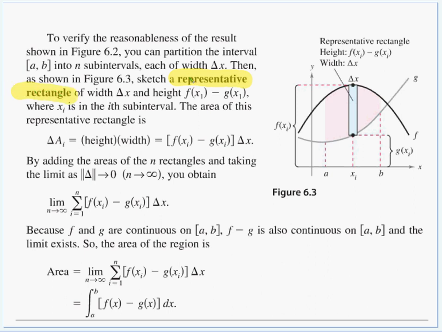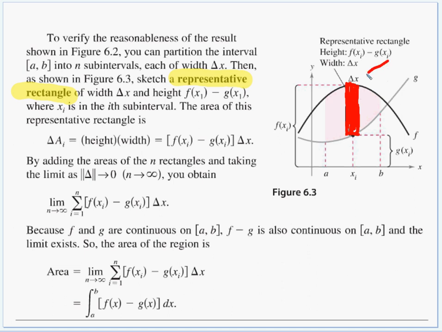But this idea of a representative rectangle is huge in this section and in the next couple. So it's always nice if you're not going to draw a picture to at least visualize. And notice here I'm going to highlight it in red. This is our representative. That's not ink, that's a highlighter. Here we go. Oh, it's supposed to be red. There we go. So what I'm blocking off here in red, that is our representative rectangle.